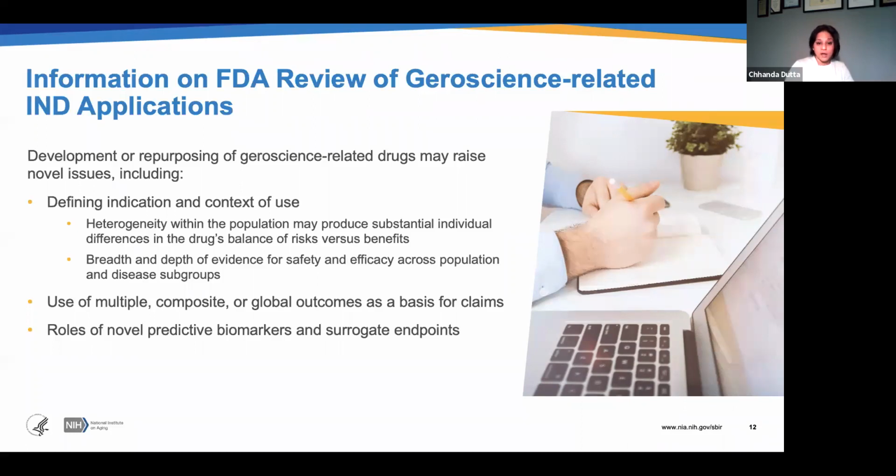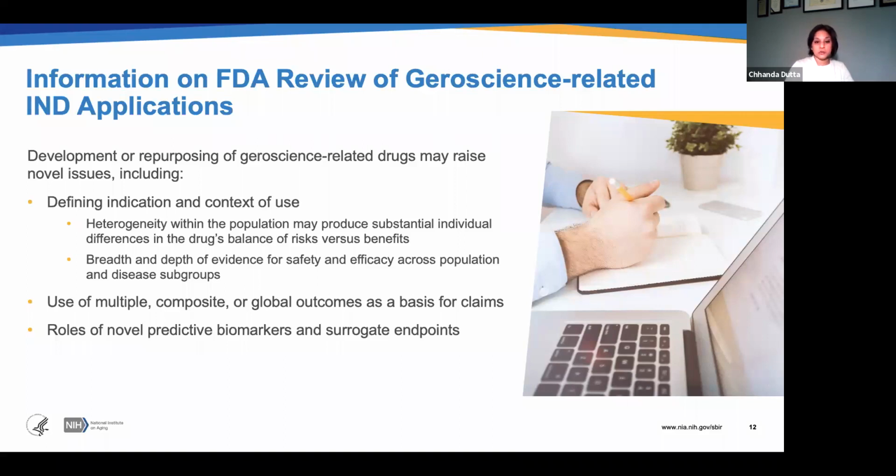There's a couple of options that you have in terms of the first-in-human studies and in planning for the preclinical development of your compounds. You can have a single outcome measure, for example, such as functional deficits. You can think about multiple individual outcomes, or a composite or a subset of those multiple individual outcomes.